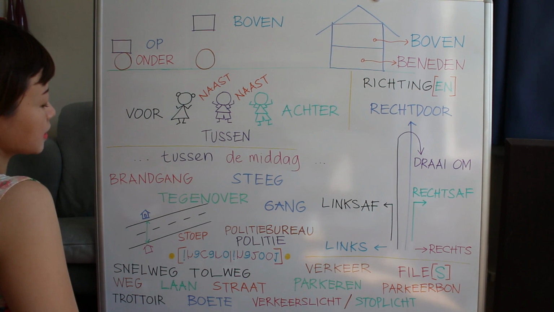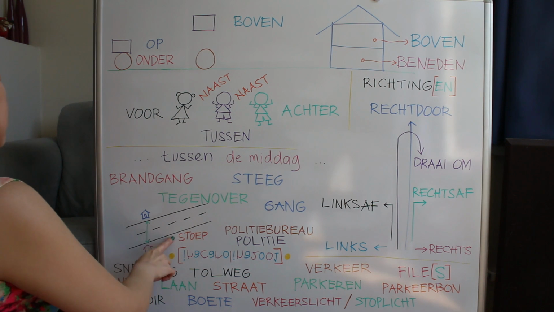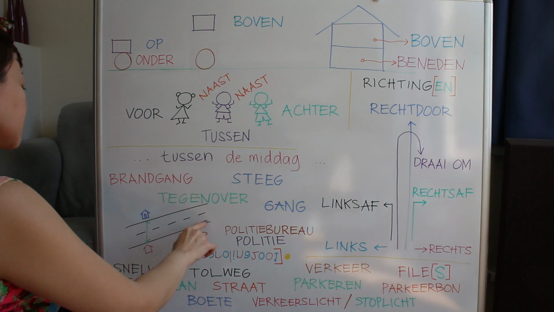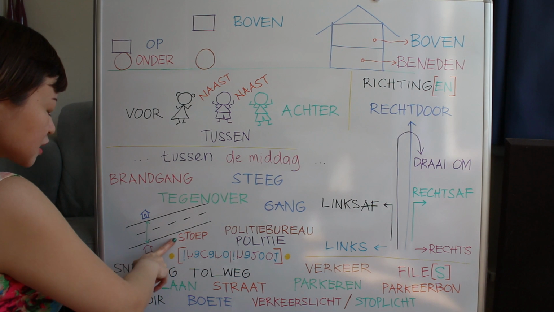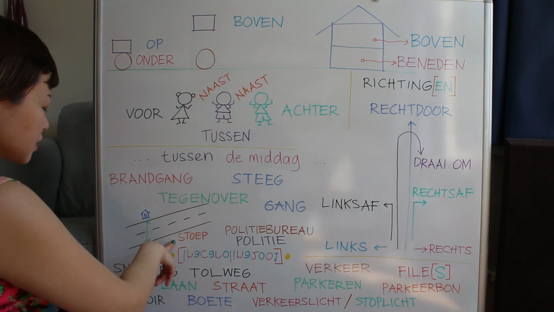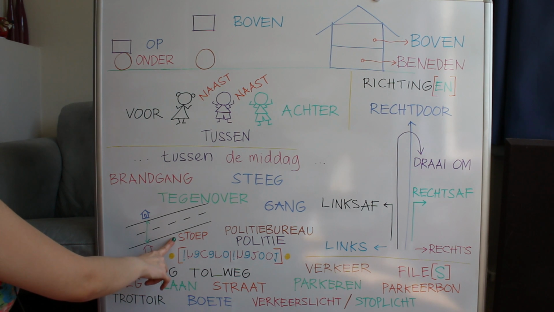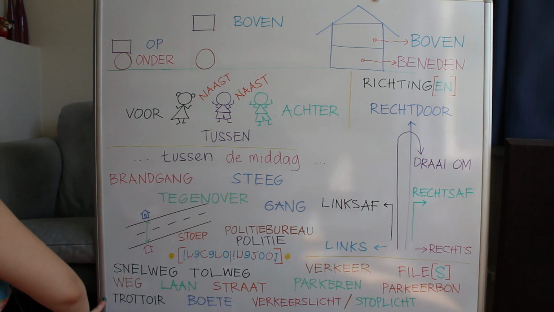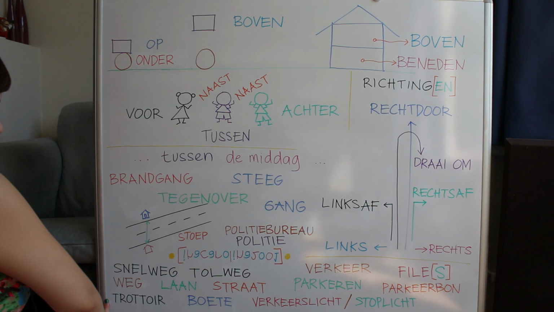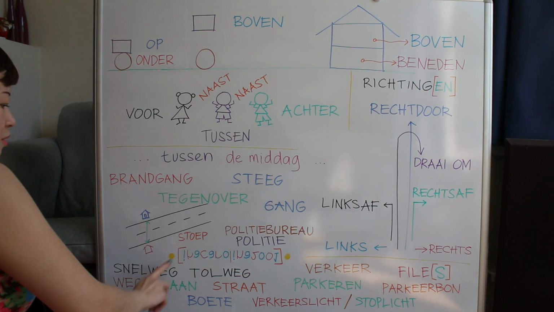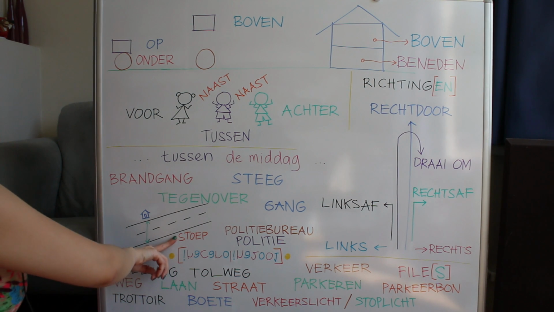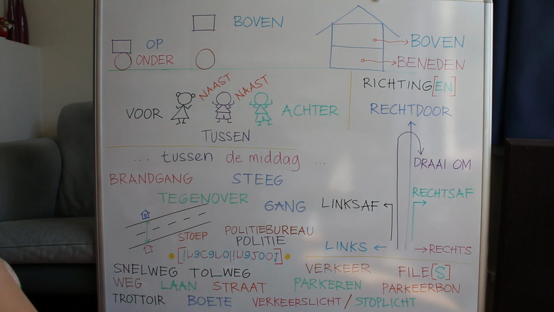Sidewalk, I say pedestrian for pedestrian walking. It's stoep. This is the modern word for that, because before we used trottoir. Trottoir. But nowadays this is more famous or more used: stoep.